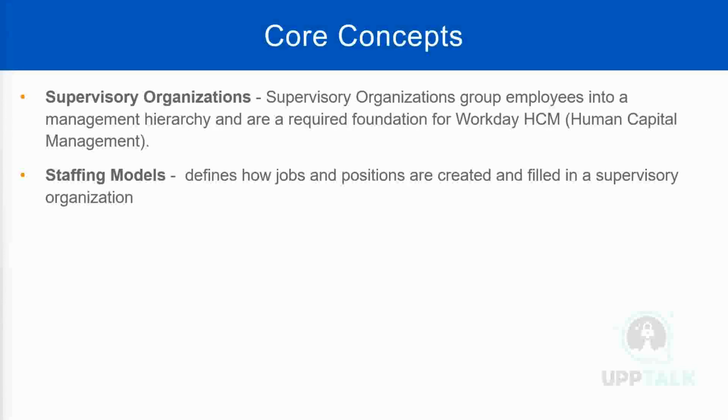So when you hire a director, how many directors do you typically hire in an organization? A limited number, right? One or two maybe. So you hire a few in number.